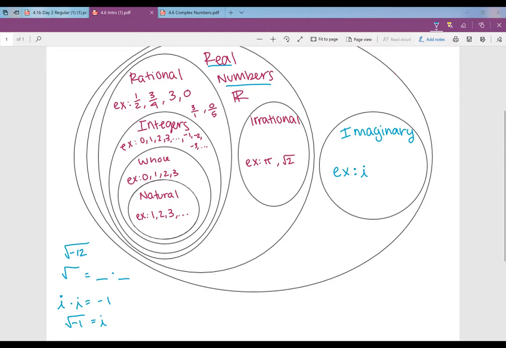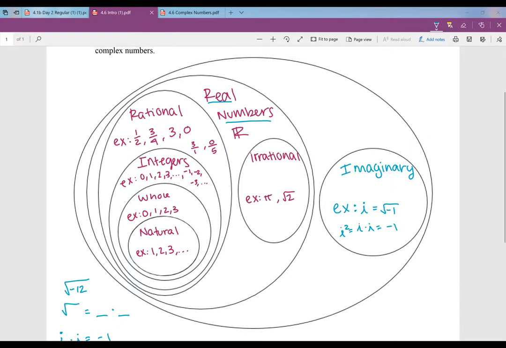They're all numbers. So i is equal to the square root of -1. And we know that i times i is equal to -1, right? i times i would be i squared. Okay, so that would be an imaginary number.